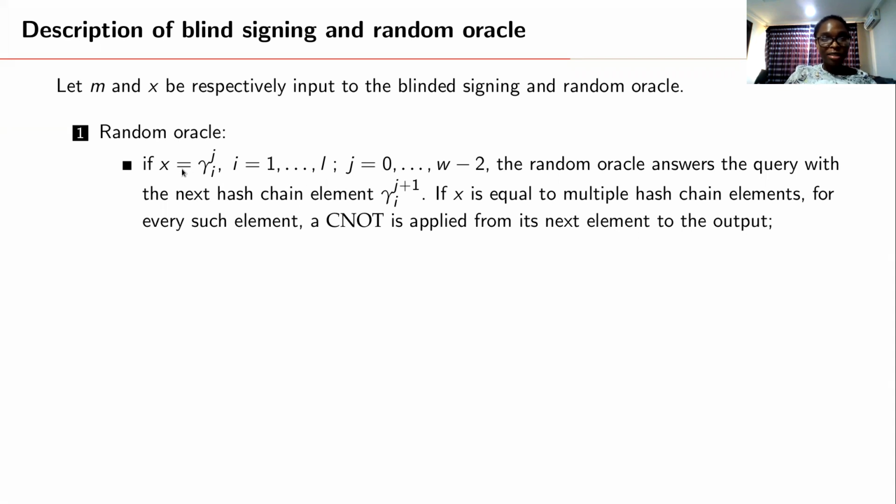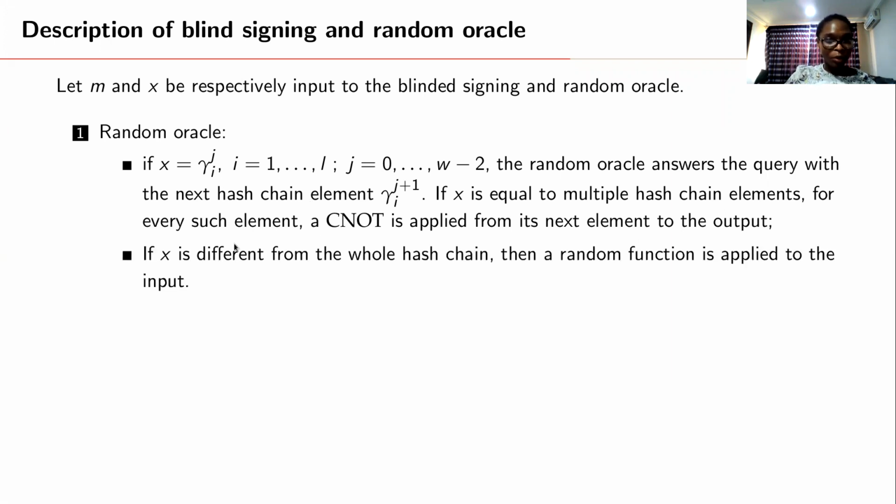If X is equal to multiple hash chain elements, the random oracle answers with the following hash chain elements of all of them. If instead the query X is different from the whole hash chain, then the random oracle applies a random hash function to the adversary's input. That is how the random oracle works.